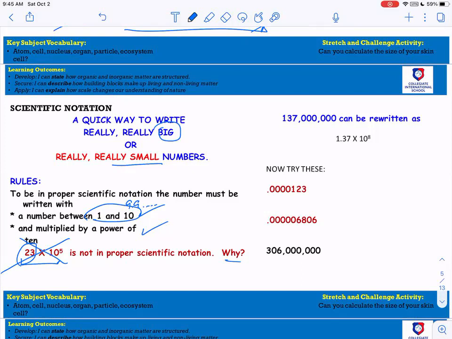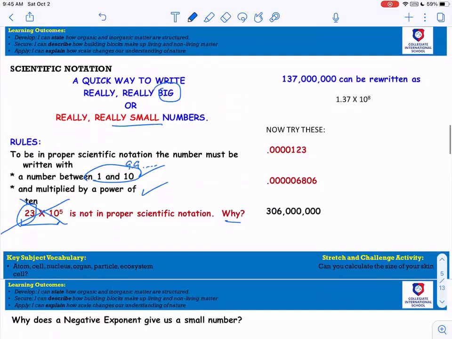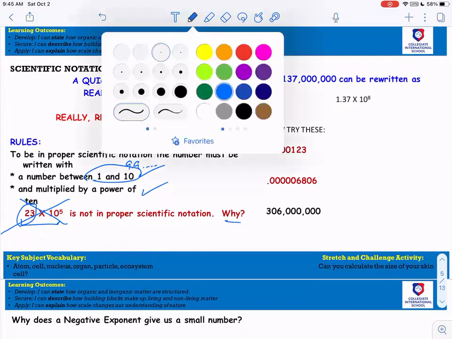Make sense? So if I want to write, let's say, this big number in scientific notation, I cannot do 13.7, because 13 is over 10. So all I can do is 1.37. So I'm going to make a different color, see if you guys can catch that.